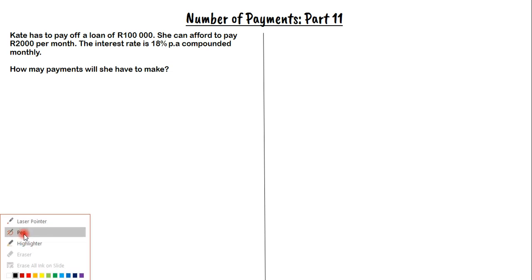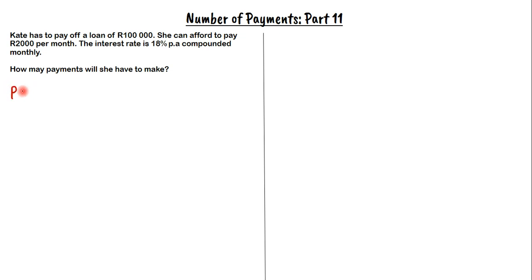Of course, we know that the first thing we need to do is write the information that we're given. Kate is trying to pay a loan of 100,000 rands, which means P is going to be 100,000 rands. She can afford to pay 2,000 per month, which means X is going to be 2,000 rands.